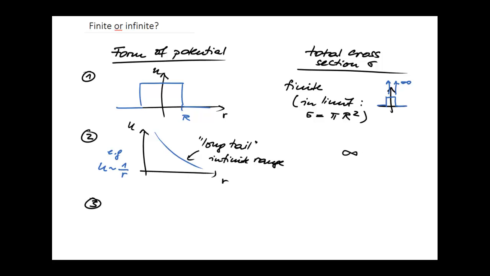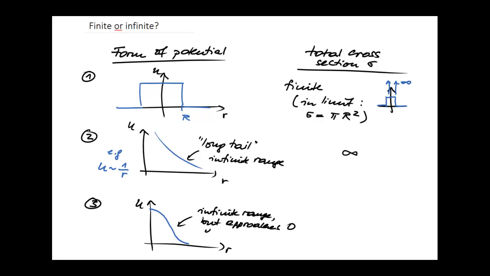Then there is the intermediate case where the potential also has an infinite range but goes to zero rather quickly. If we have, say, a Gaussian shape, this also has infinite range, but it approaches zero quickly.